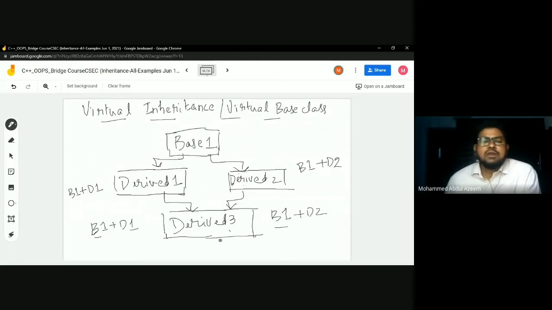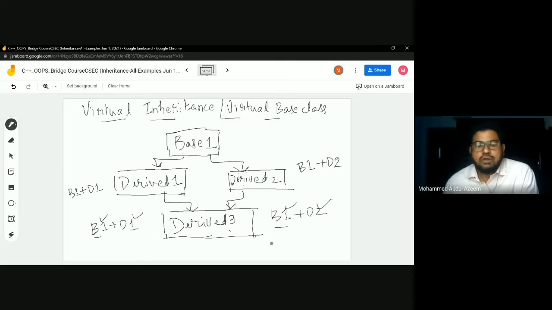Fine. So here at Derive 3, I have D1. I have only one copy of D1. That's fine. But I have 2 copies of B1. Okay. But I don't need that. I need only one copy. One copy is enough.